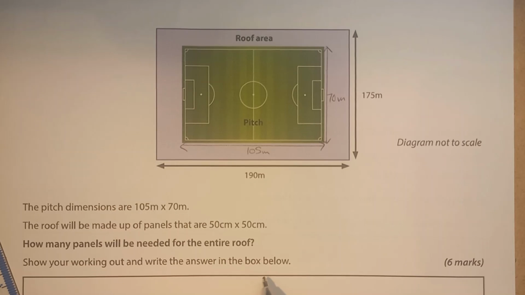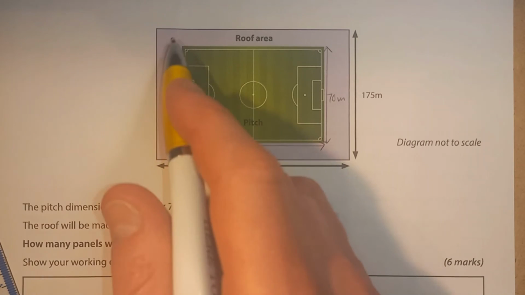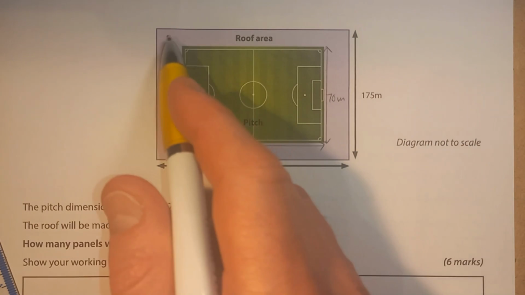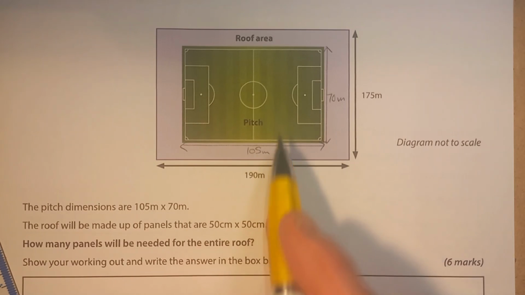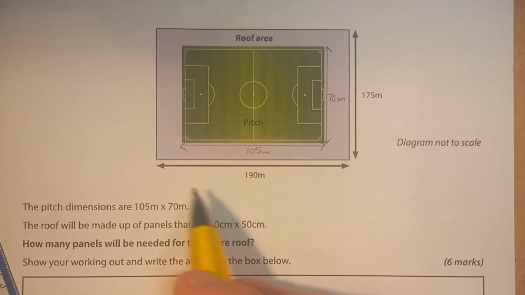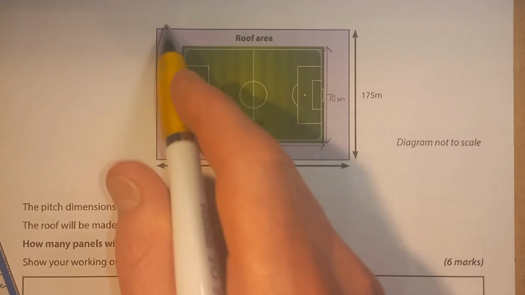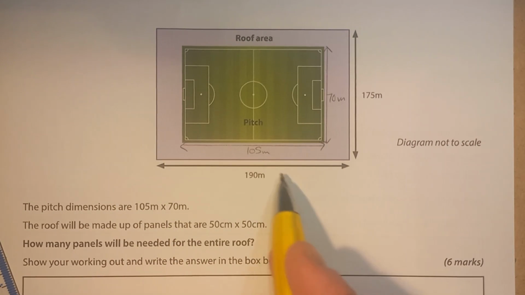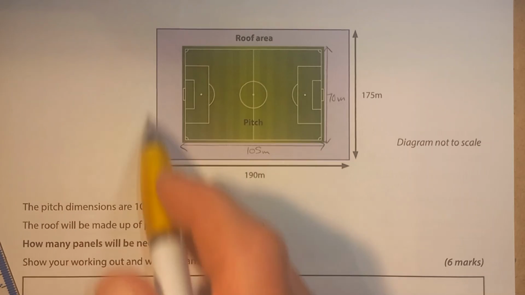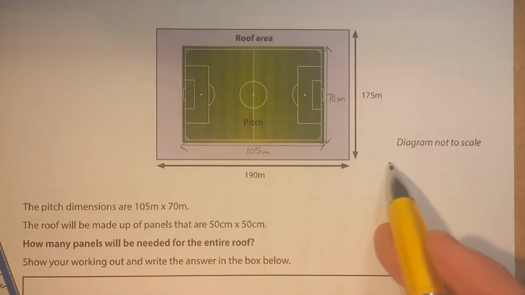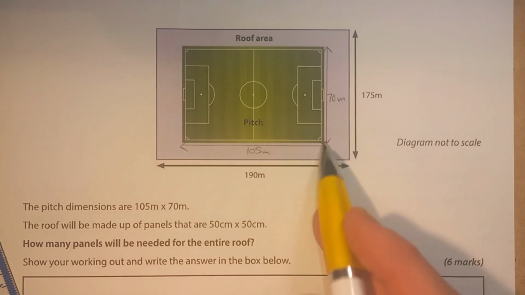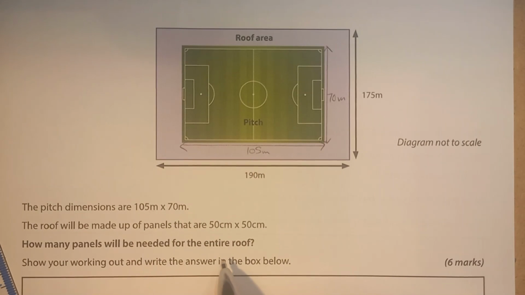Right, so we've got an area question here, but we just want the area around the outside. We don't want this bit in the middle. So what we could do, we could split this up into rectangles and work out the area of each rectangle and add them together. Or we can say, well, actually, what we want is the area of the big rectangle, and then we want to take away the area of the smaller rectangle.